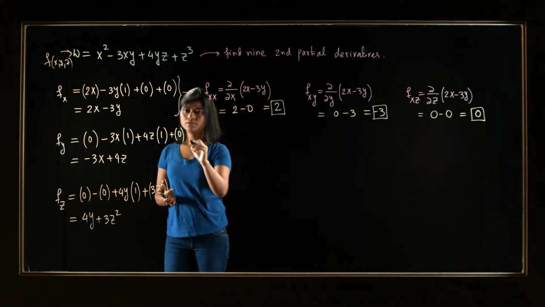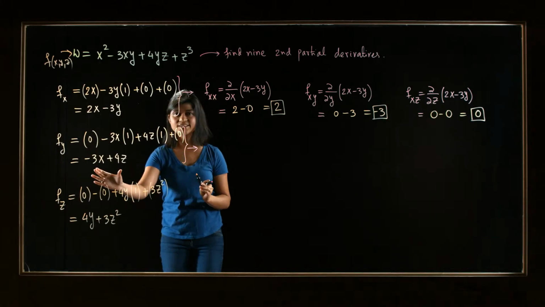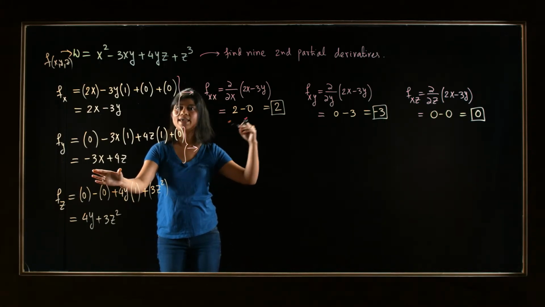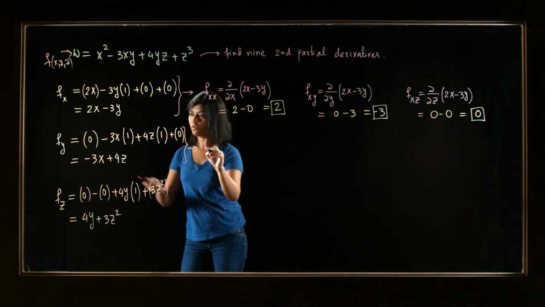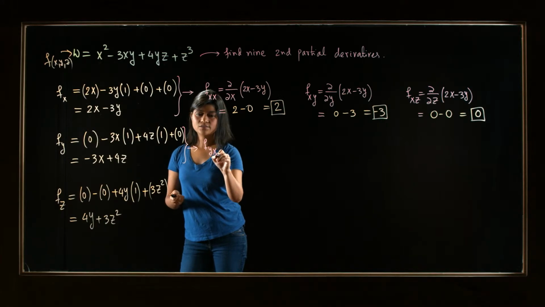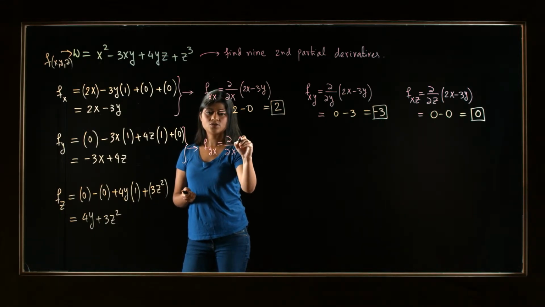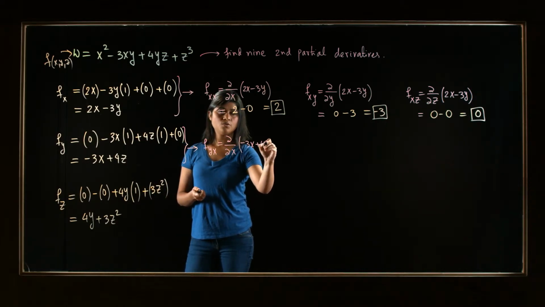Moving on. Now let's consider fy. So now we take this expression and take its derivative with respect to x, y, and z. So the first one is fyx, which is the partial with respect to x of negative 3x plus 4z.